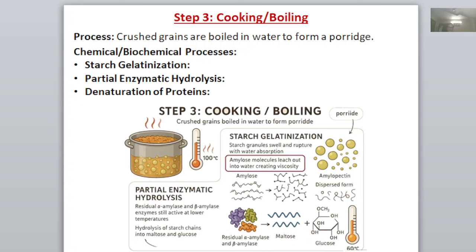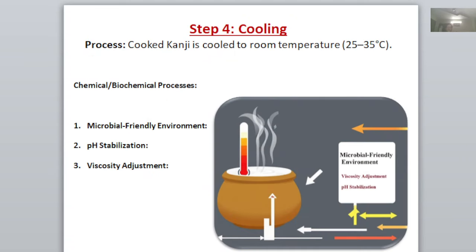So once the temperature rises, it becomes a little bit jelly-like, or we can say a viscous structure is going to be prepared, which is intensified when it goes for cooling.